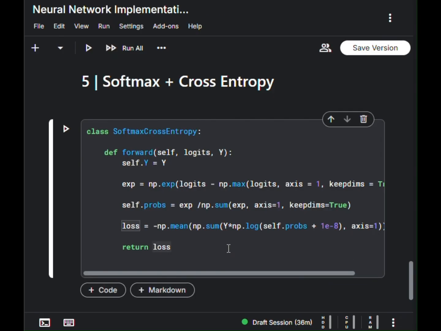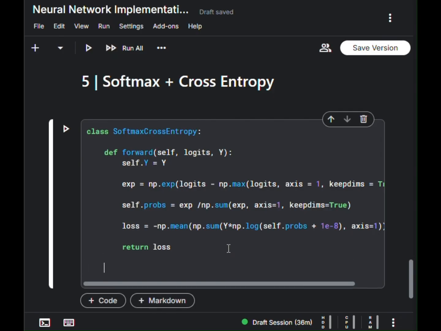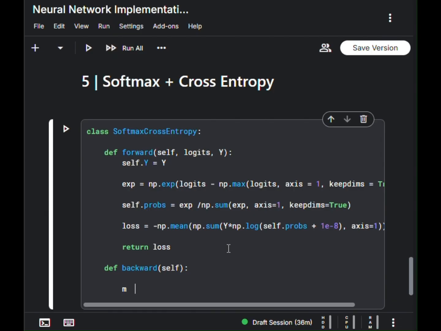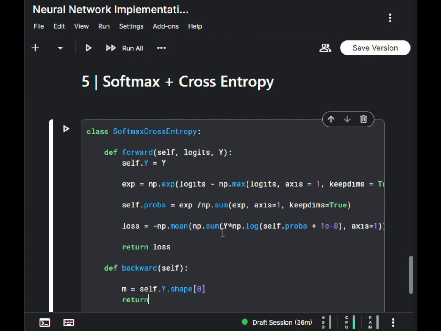After this, we will implement the backward function. The backward function will just take self, then we will calculate m, which is self.Y.shape[0], and then return self.probabilities minus self.Y, divided by m.